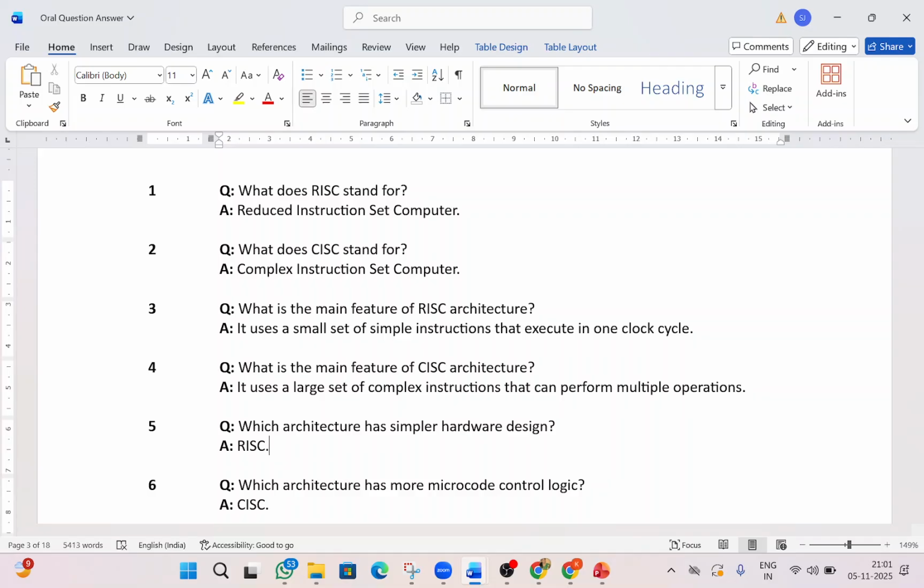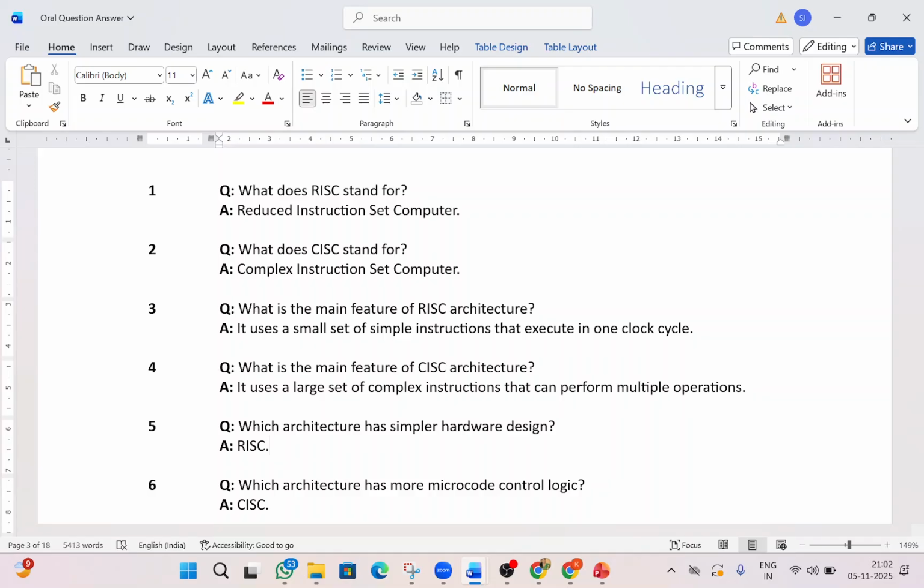It was designed to make programming easier by allowing one instruction to do several tasks and reduce the number of lines in assembly code. This is the main feature of CISC.